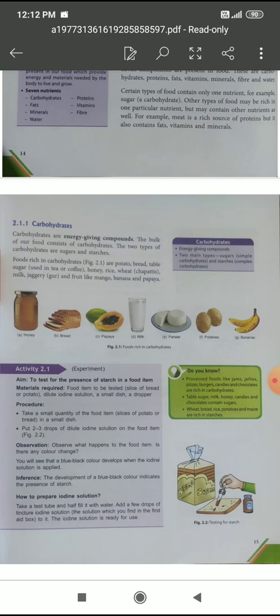Foods rich in carbohydrates are potato, bread, table sugar, honey, rice, wheat, jaggery, milk and fruits like mango, banana and papaya. Okay. So these are the sources of carbohydrates.